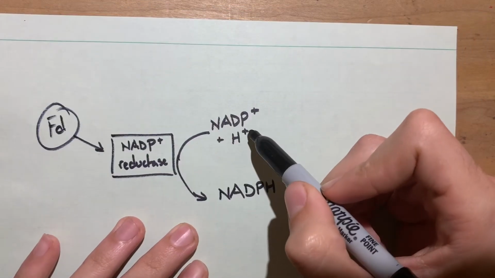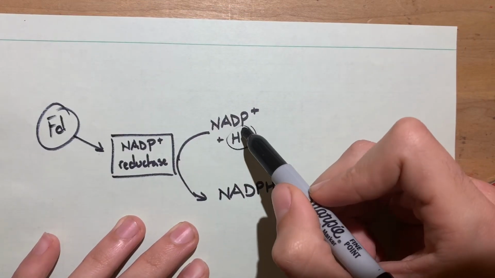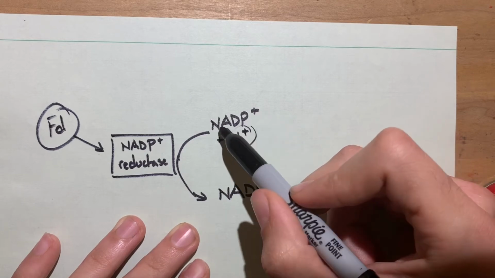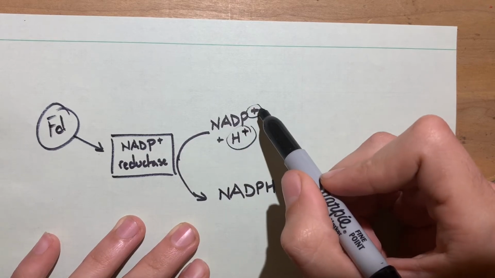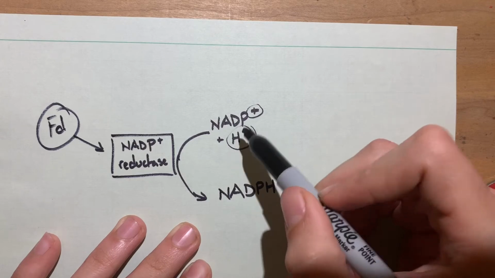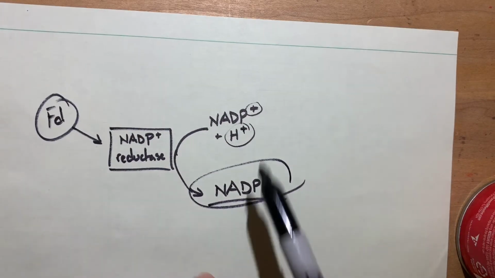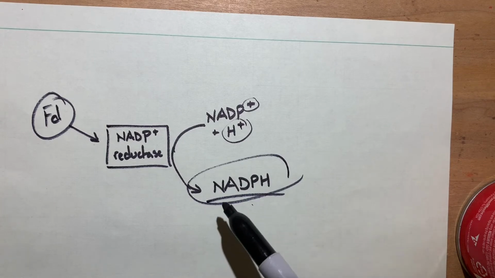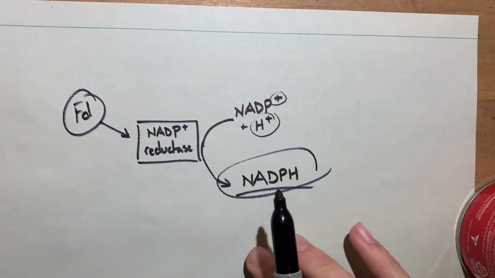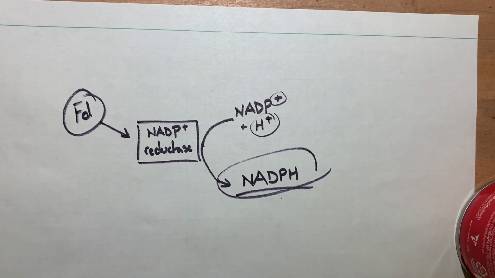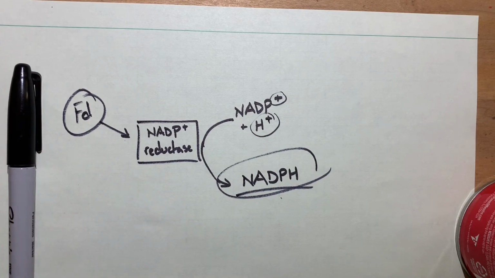Because what you see, you have this hydrogen ion has a plus because it's lacking an electron. The NADP+ is also a plus because it's lacking an electron. And the electron provided here allows those two to bond and create NADPH. So that's basically how the excitation of electrons helps to initiate that first step in photosynthesis, where we create NADPH and ATP.